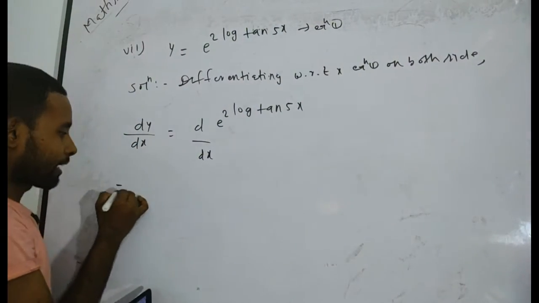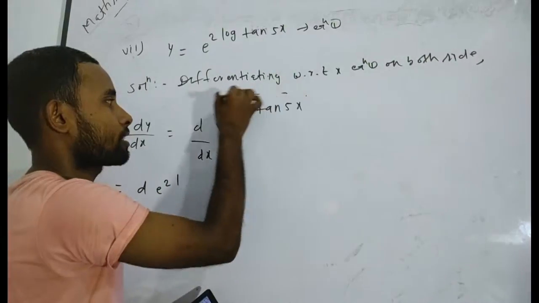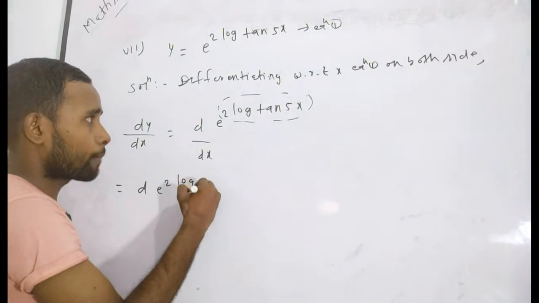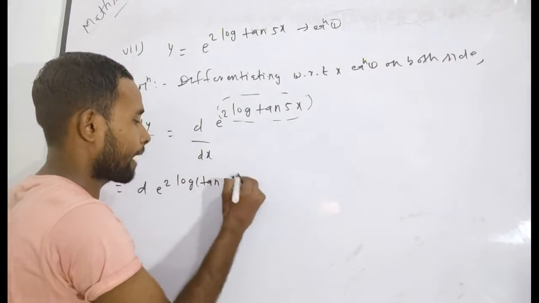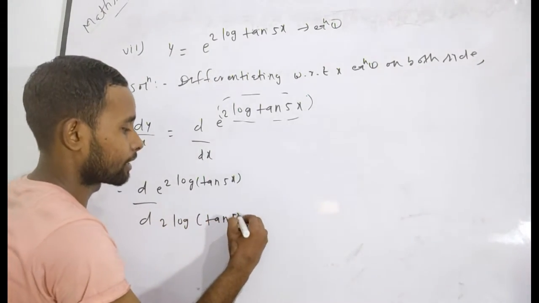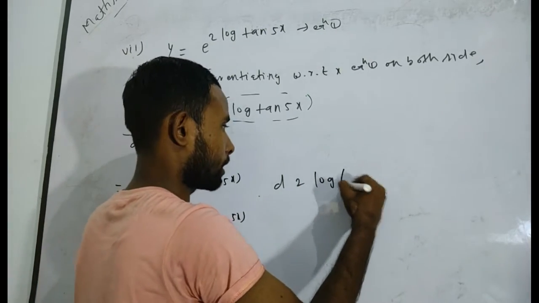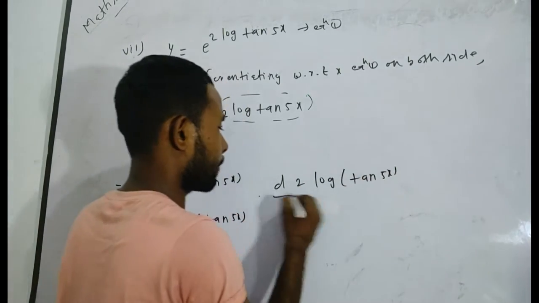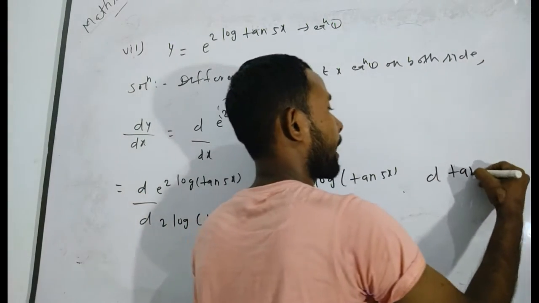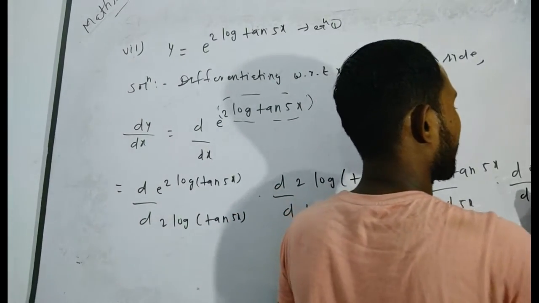That's why I want to write first the derivative of e to the power some terms. Suppose that this term is p, that means 2 times log tan 5x. Then we differentiate 2 times log tan 5x, then tan 5x with respect to 5x, and again we differentiate 5x with respect to x.